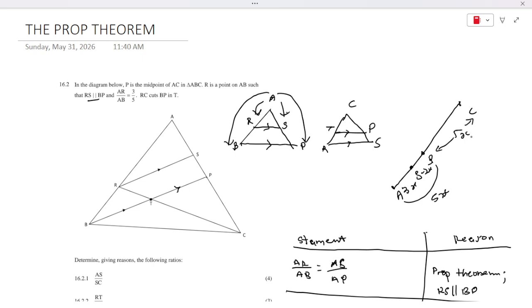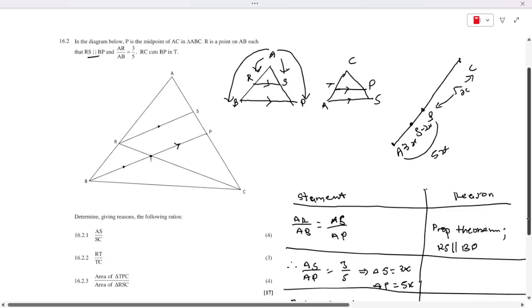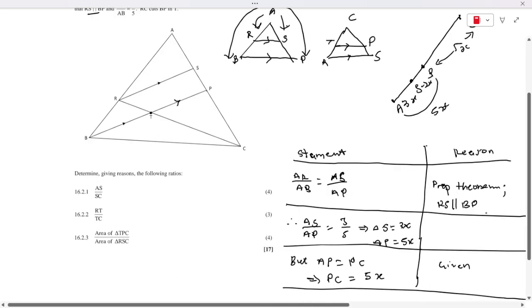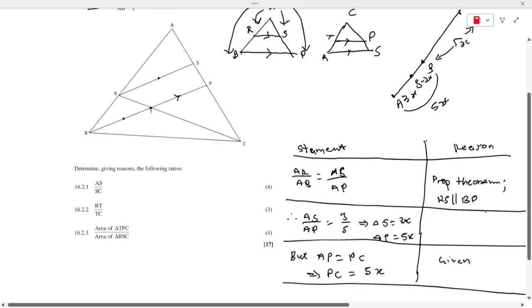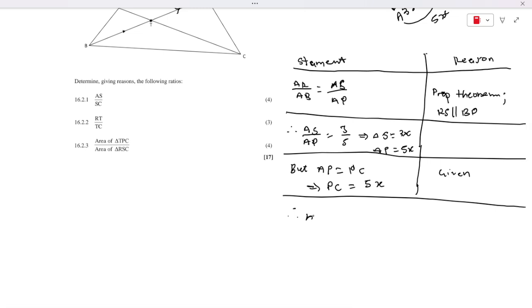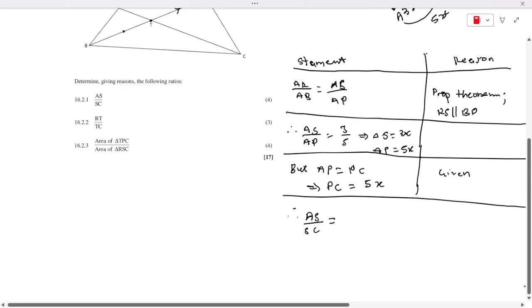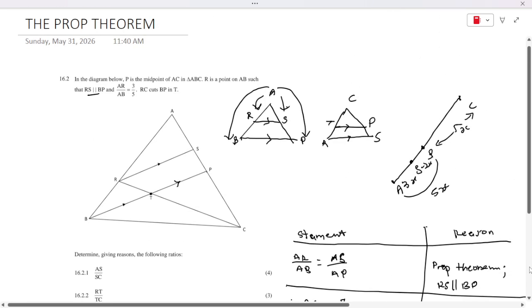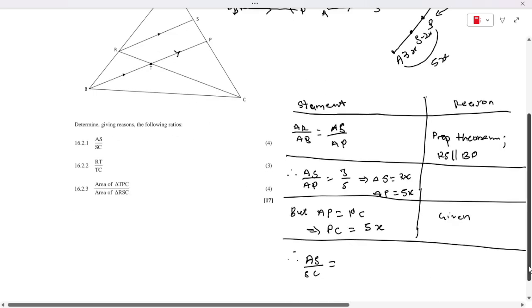My pen. Alright, now that we have that first part, the thing that we wanted is AS over SC. So finally, therefore, AS over SC equal to what? You then go back to the master item. AS is equal to 3x.